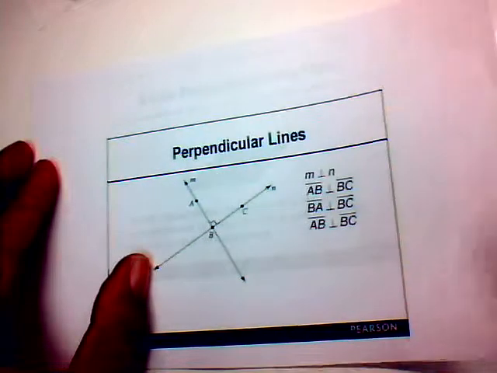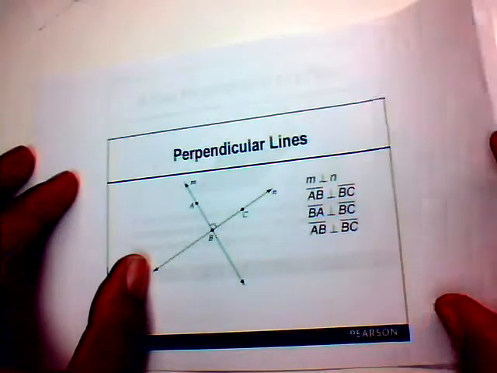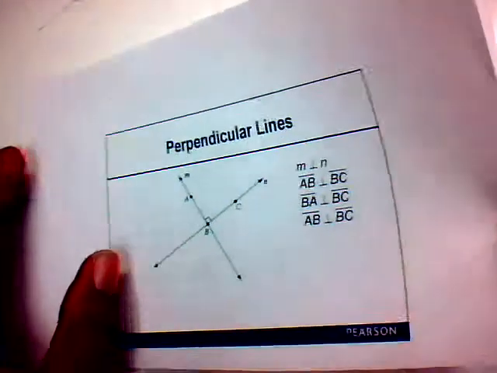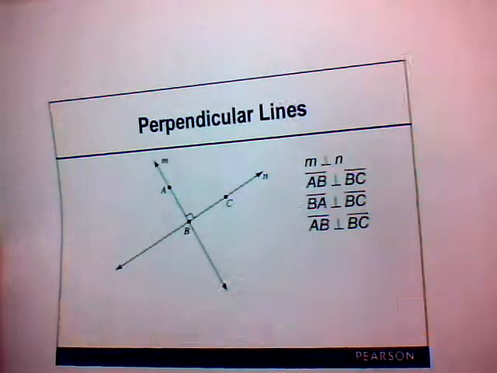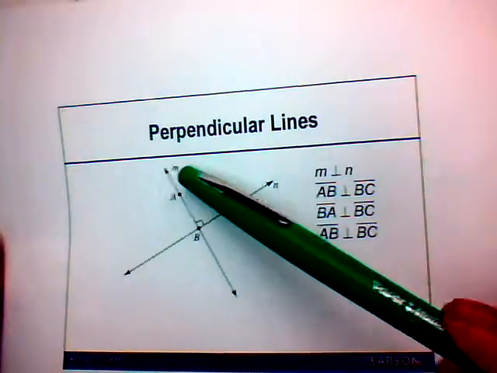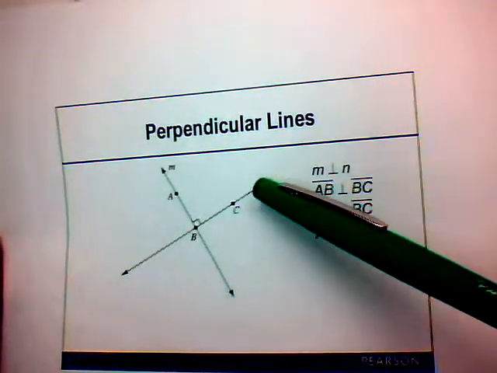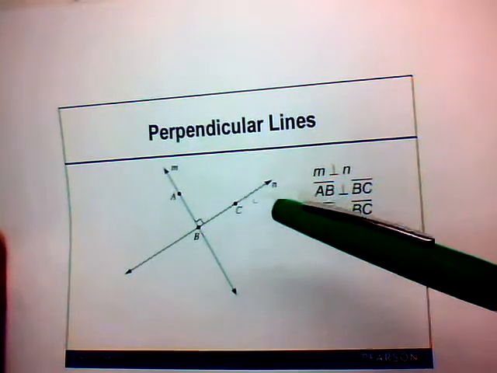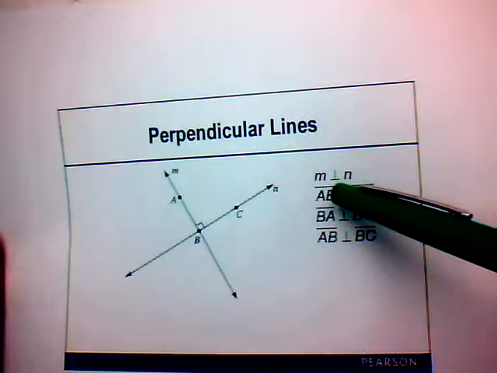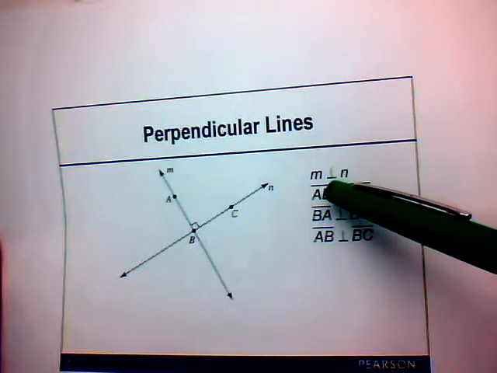Next are perpendicular lines. Those are two lines that intersect at a right angle. Okay, so here we got two lines, M and N. So in this case here, this is the notation for saying it's perpendicular to.